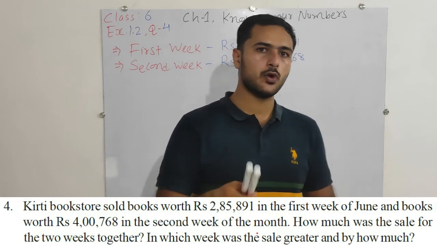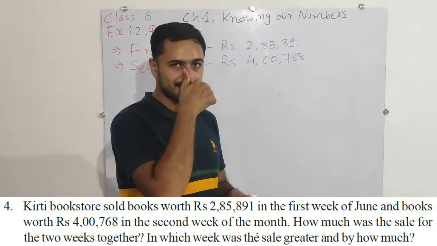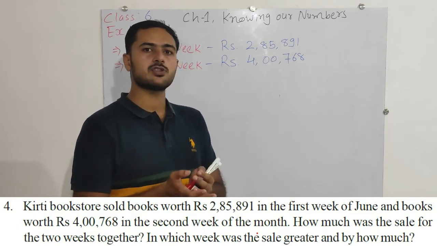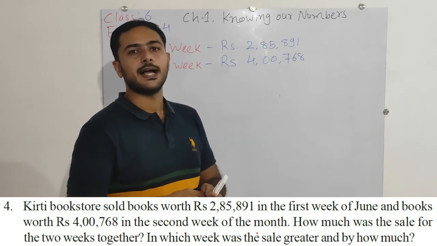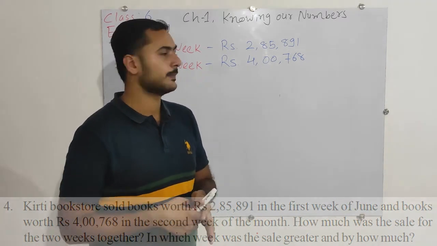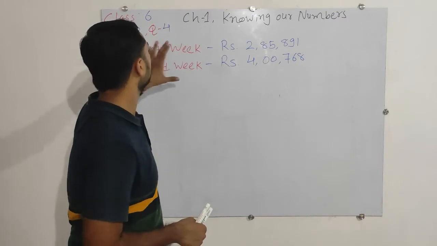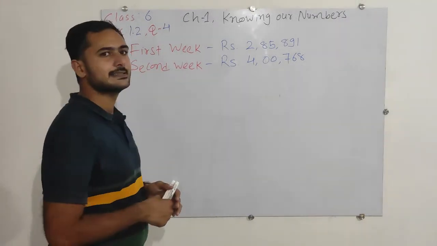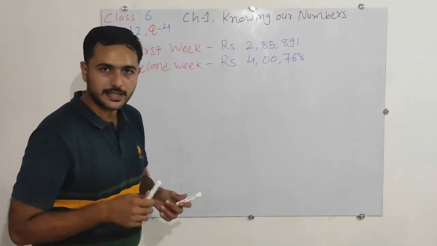First of all, we are going to do the first one. In the first question they asked for the total worth, that is, the first week and the second week together. So how can we find the total worth? Simply first week plus second week. So we will do the addition.